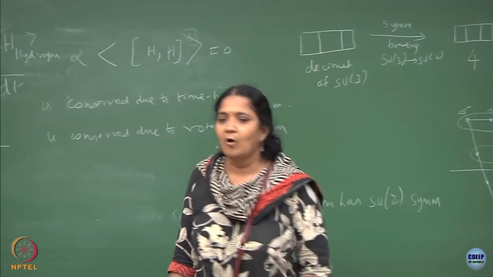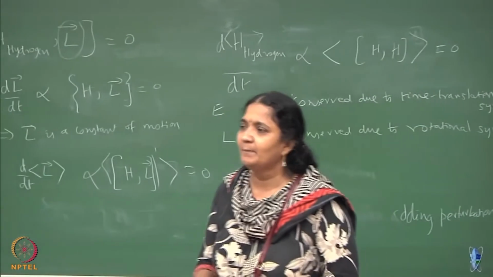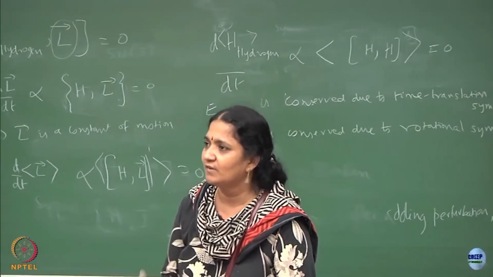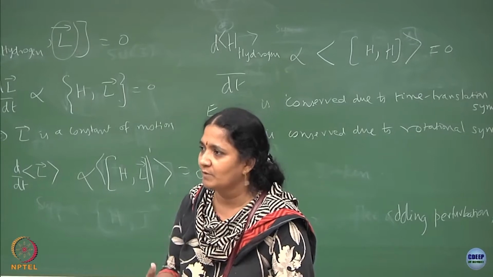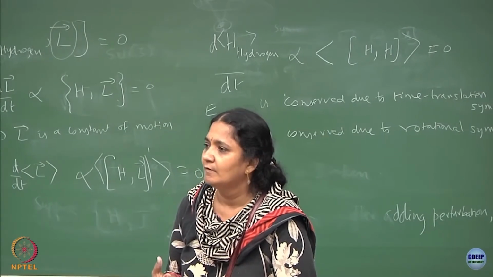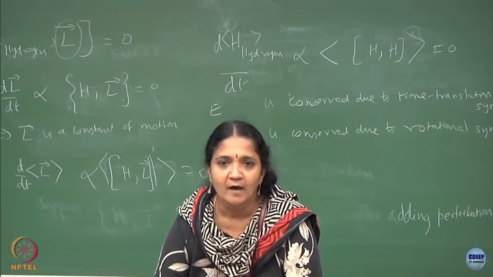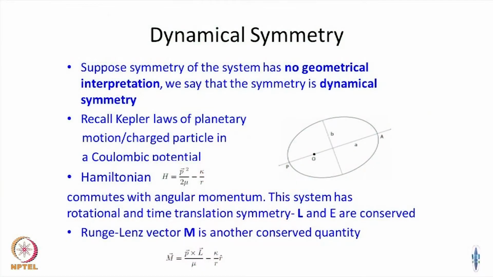symmetry. On top of it, there is some kind of a new conserved quantity you see in the Kepler problem or the hydrogen atom problem, and that is what I am showing on the screen here. So, what you see here is what we call the Runge Lenz vector, which is another conserved quantity.